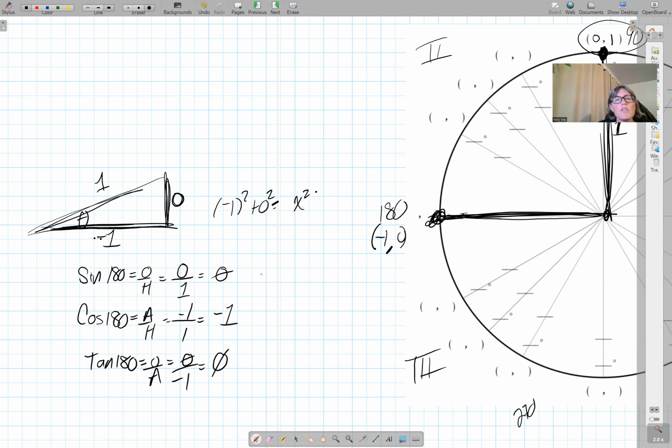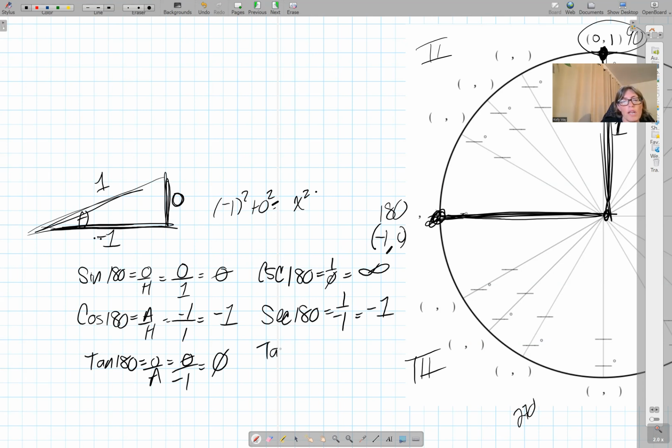And you do the inverses. Cosecant of 180 equals, flip that, because it's hypotenuse over opposite, that's 1 over 0, so it's infinity. Secant of 180 equals 1 over -1, and you just flip it. That's hypotenuse over adjacent, and that's still -1.